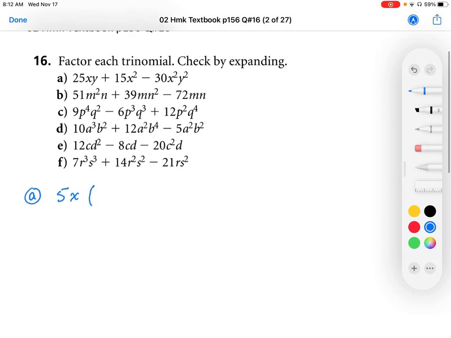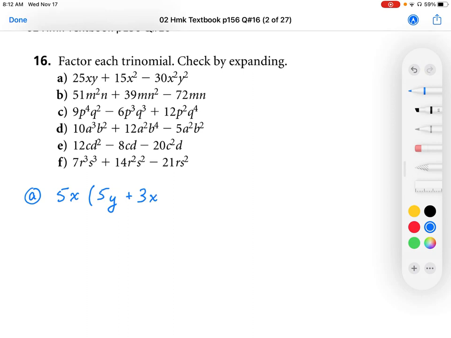So when we factor, we have to always write down what's going to be left behind when we take out the 5x. So in this case, we're still going to be left with the number 5. So 25 divided by 5 is 5. And then we take out the x, we're left with y. Then we must go to the next term. 15 divided by 5 is going to give me 3. So there's going to be 3 left behind.